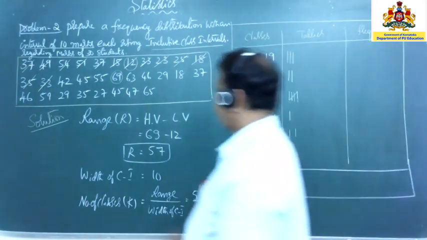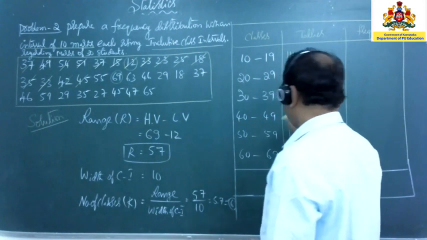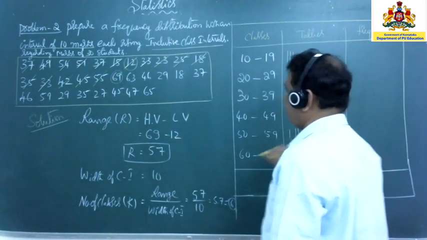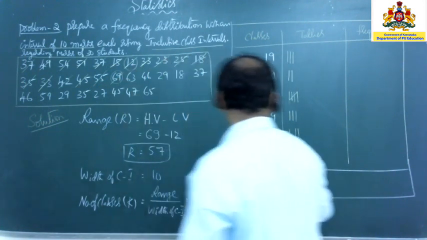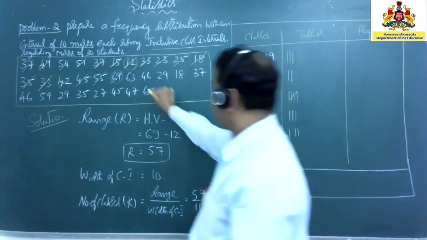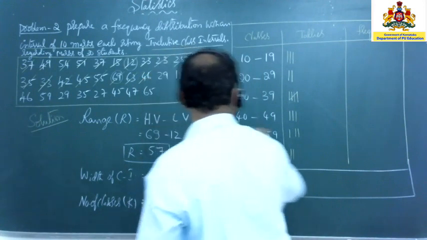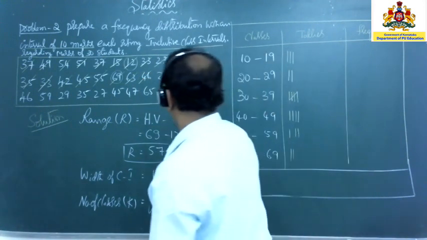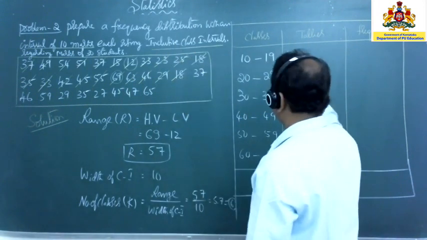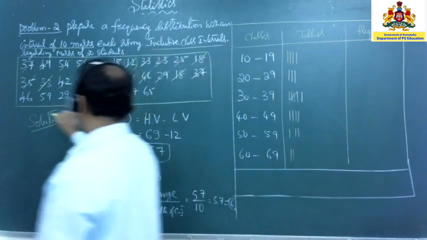Next, 42, 45. Next, 55. Next, 69. Here the upper limit is included. Next, 63. Next, 46. Next, 29. Next, 18. Next, 37. Next, 46.